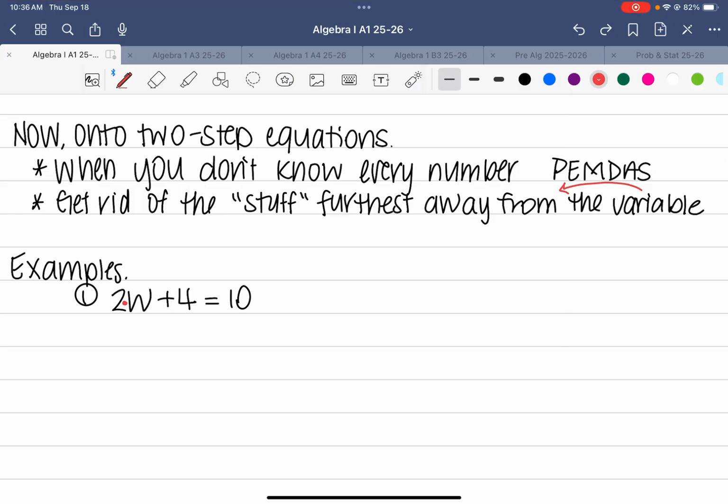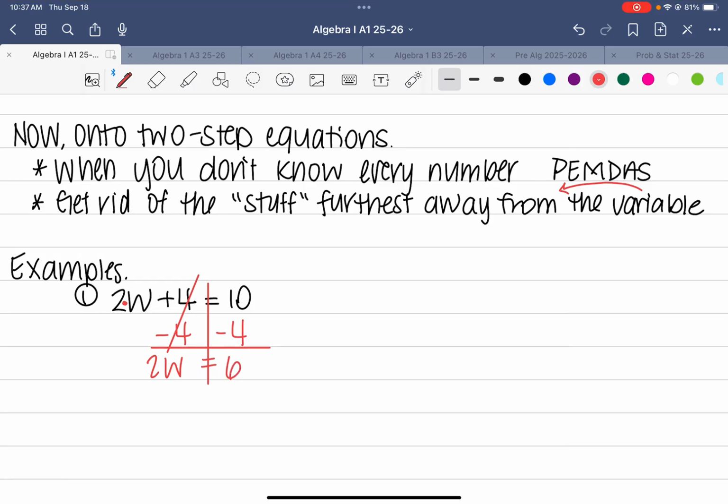The furthest thing away from my variable is right here. Is the 2 further away or is the 4 further away? The 4 is further away, so we're going to get rid of that. If you like the line, put the line. How do I get rid of a positive 4? How do I get rid of addition? To get rid of addition, I subtract. My 4 is going to go away. I'm left with 2w equals, what's 10 minus 4?